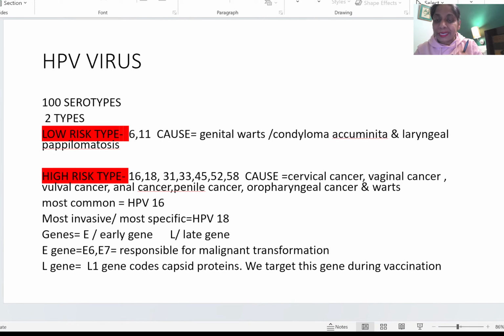These low risk types cause genital warts, which are also known as condylomata acuminata. The other disease which these low risk types cause is laryngeal papillomatosis.